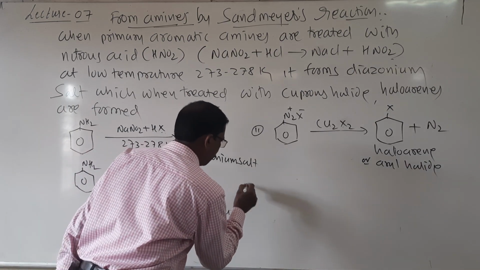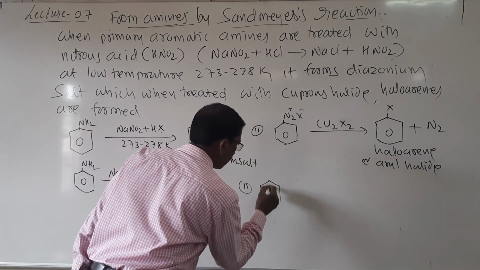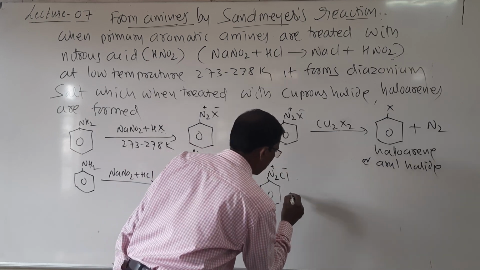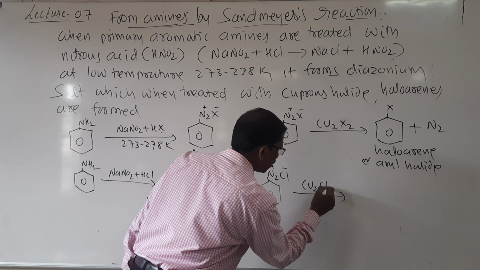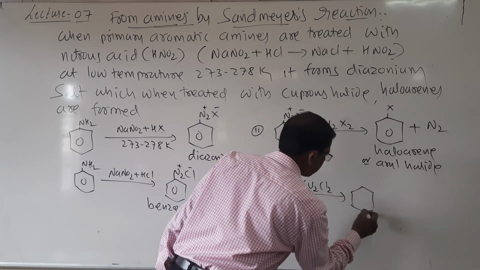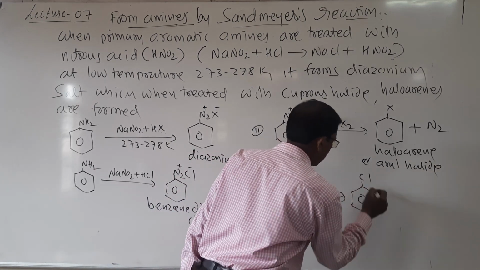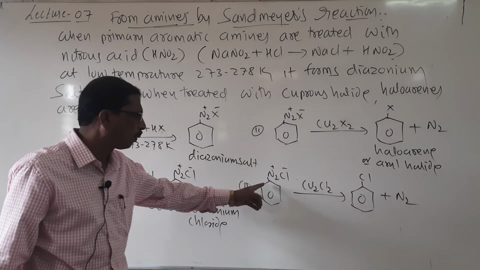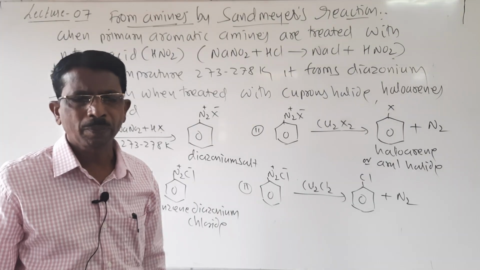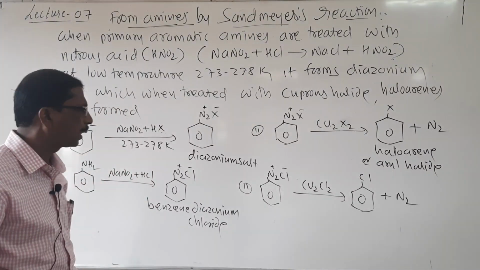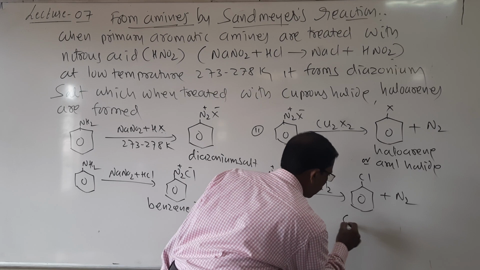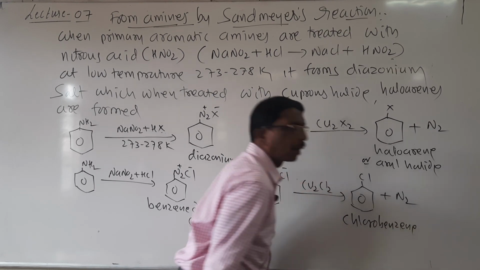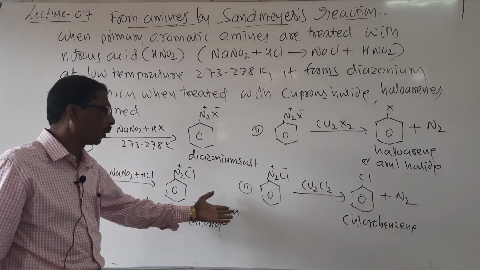When benzene diazonium chloride is heated in presence of cuprous chloride, it forms chlorobenzene. Look here students, here it forms chlorobenzene and nitrogen gas is evolved. So here it is an example. Benzene diazonium chloride gives chlorobenzene. You may write the general reaction or you may give an example.